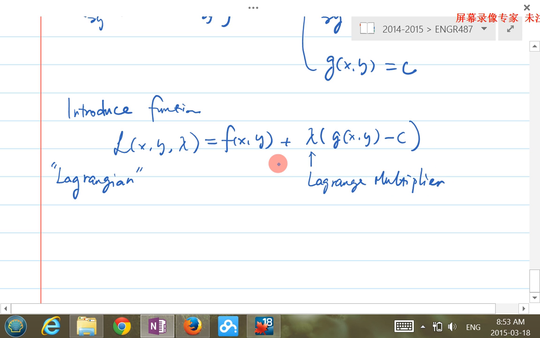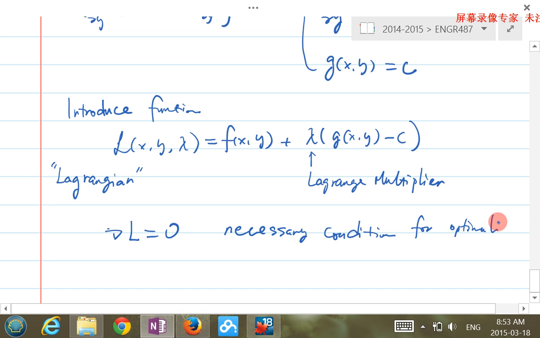If I look at this one here, what's the first step? The first step is the first derivative test. First derivative test means you calculate del L, the gradient vector del L equal to 0. So del L equal to 0, and this is a necessary condition for the optimality.